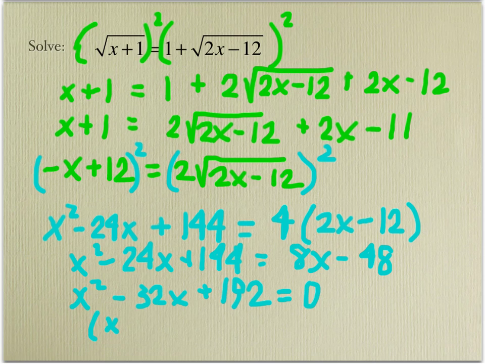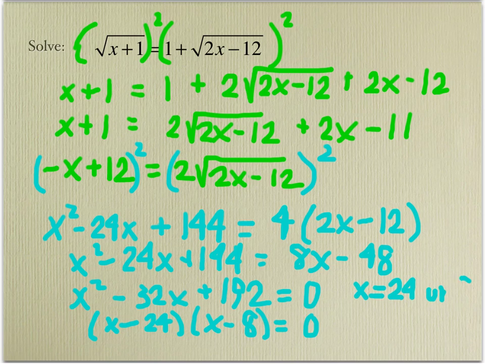So if I factor this, it's going to be x minus 24 and x minus 8, strange numbers here, equaling 0. So then if I set each of those equal to 0, looks like x would either be 24 or 8. Now again, I better go back and try each of these values just to see if they work or not.